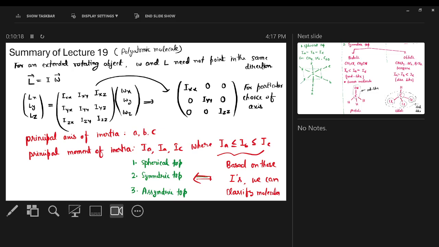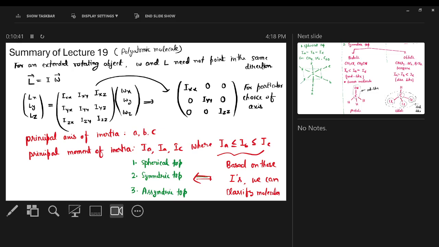So a polyatomic molecule, we can consider an extended rotating object, like it's not symmetric, it's kind of an extended object. See, for that extended object we saw in lecture 2 that this omega, that is angular velocity, and L, that is angular momentum, need not point in the same direction.